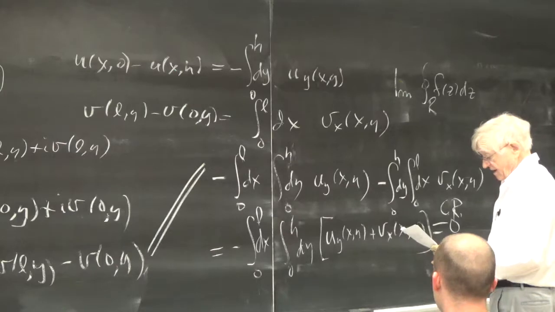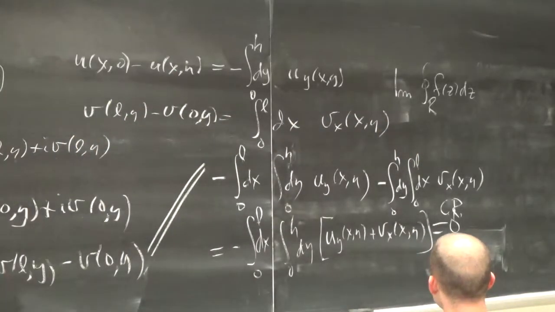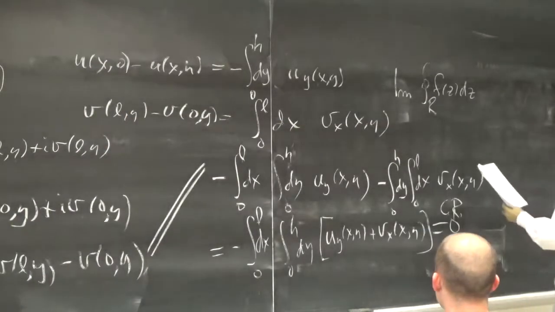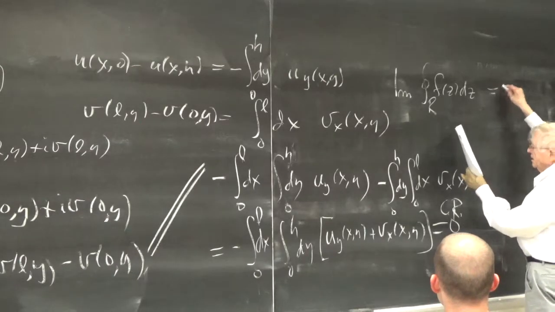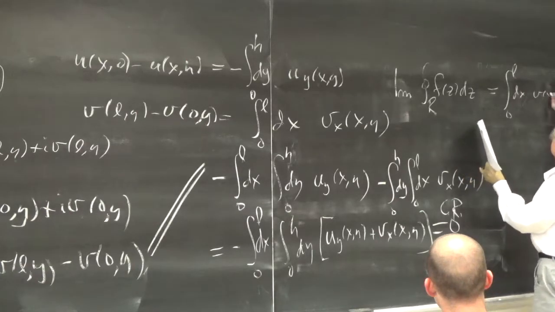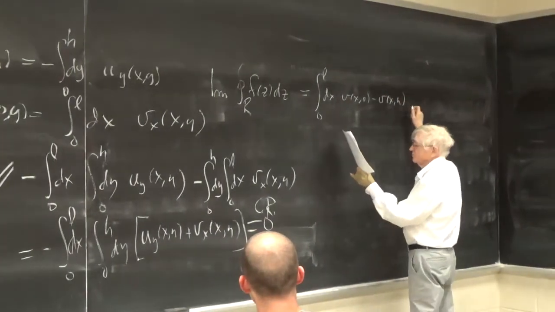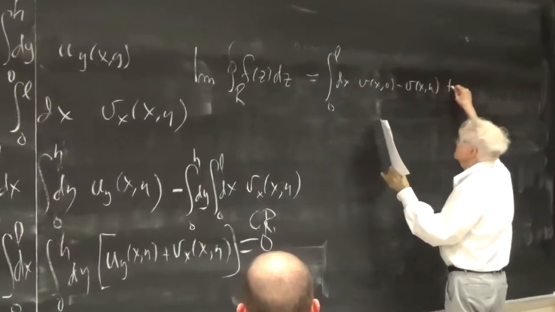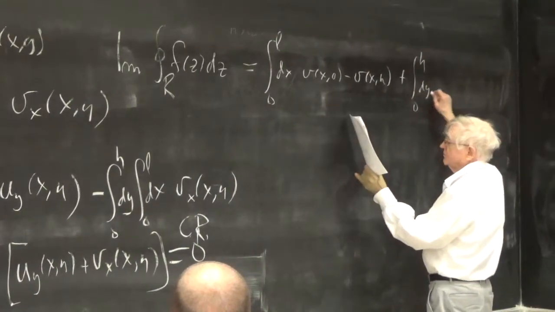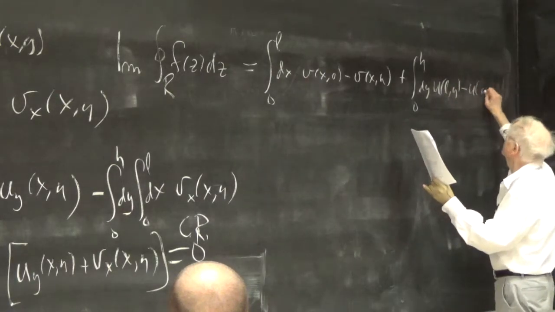So let's see, I guess I sort of skipped one of the, oh no, I didn't skip it. So let me write down what that is. The imaginary part then is an integral of 0 to L dx, v of x and 0 minus v of x and h plus integral 0 to h dy of u of L and y minus u of 0 and y.